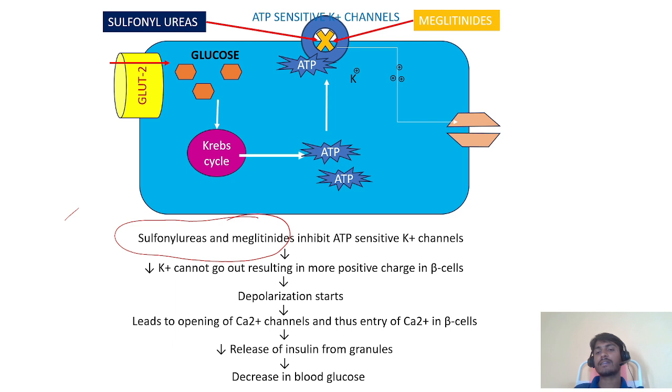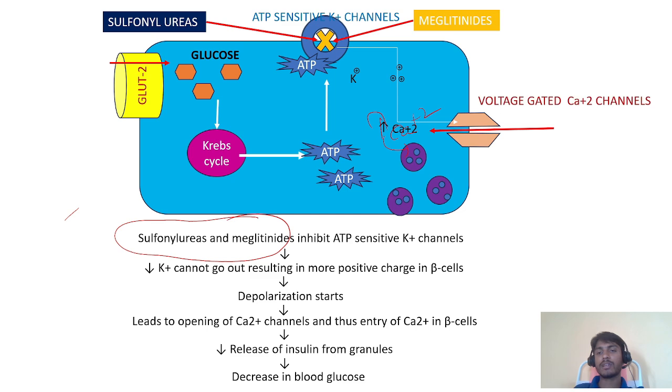Once the voltage gated calcium channel is activated, calcium can enter the cell. Once the calcium enters the cell, the increased calcium level is responsible for the release of insulin.